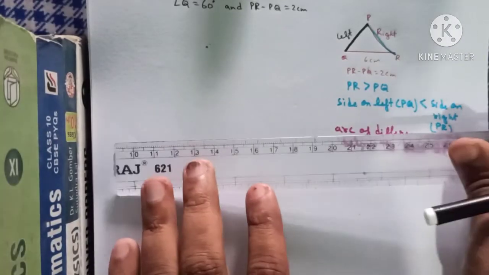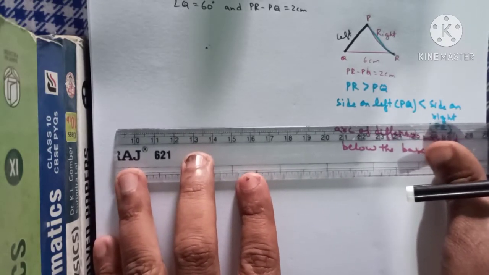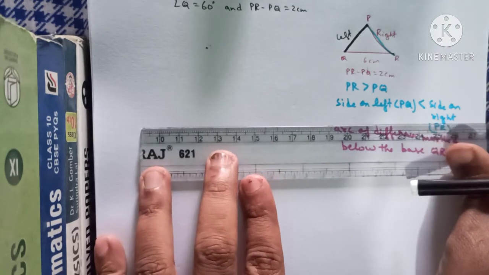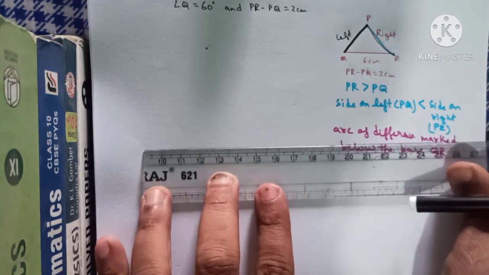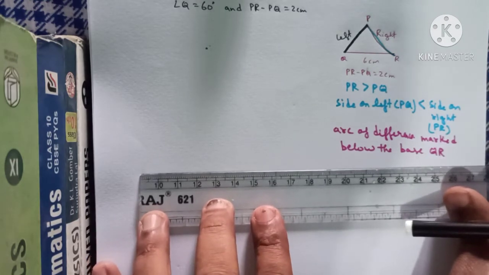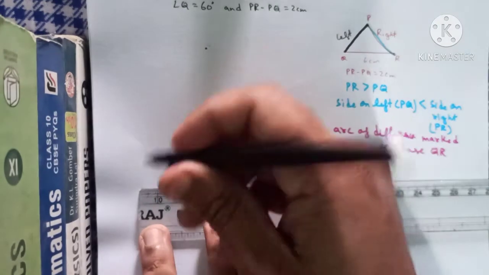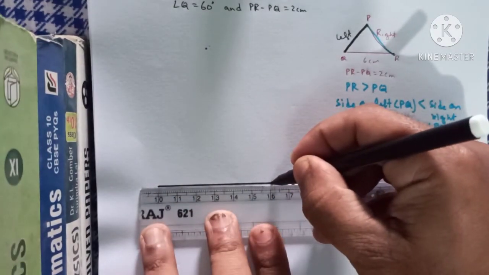First of all, we will draw the base. So we will draw the base QR, that is equal to 6 centimeter. So I am taking QR here, a little bit down. Okay, that is fine.